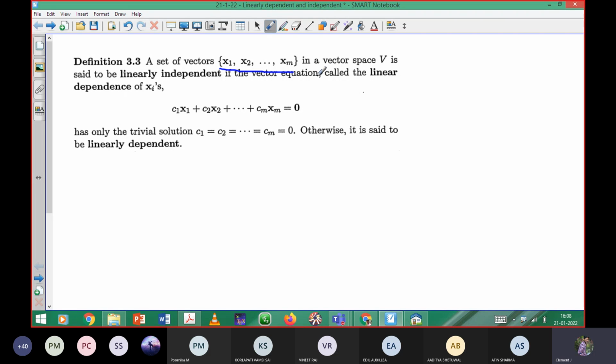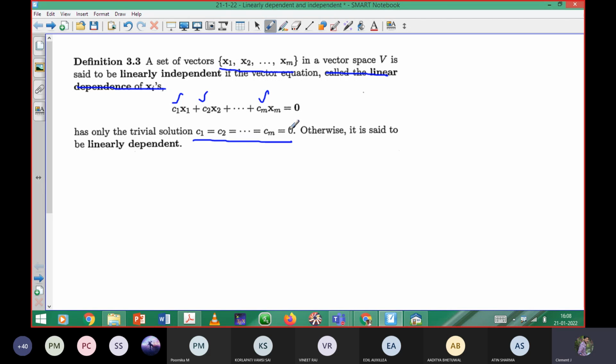That condition is that the coefficients must be zeros. All the coefficients must be equal to 0.